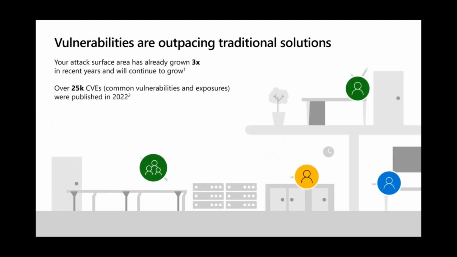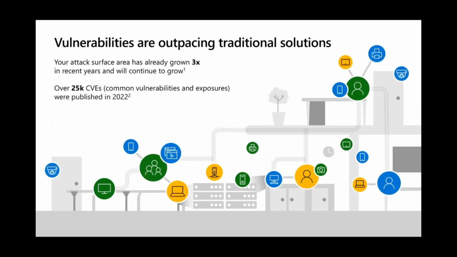And if we look at some recent statistics here, you'll see that your attack surface has already grown 3x in recent years and will continue to grow. In fact, in 2022, there were over 25,000 CVEs that were published. And in today's complex landscape, you need the right tools to keep your organization secure.